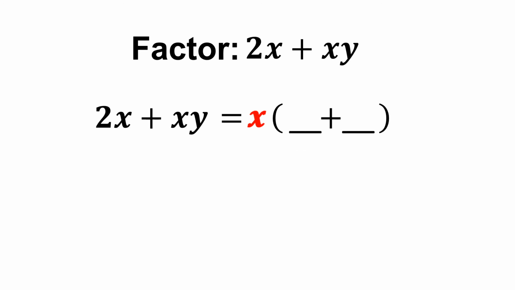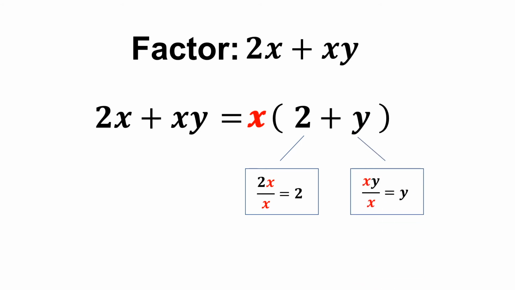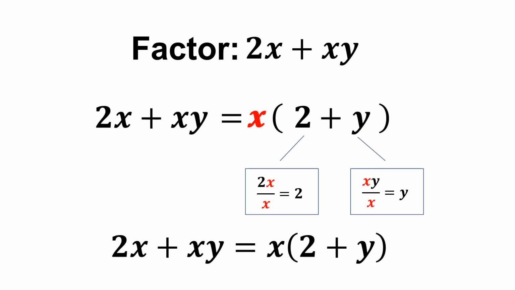To find the terms of the binomial factor, we mentally divide each term of the given binomial 2x plus xy by the common monomial factor x. 2x divided by x is 2, and xy divided by x is y. Hence, 2x plus xy is equal to x times 2 plus y.